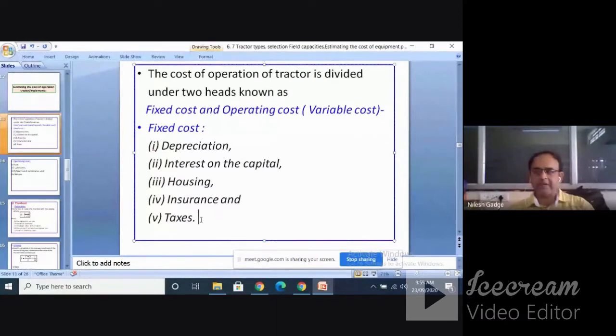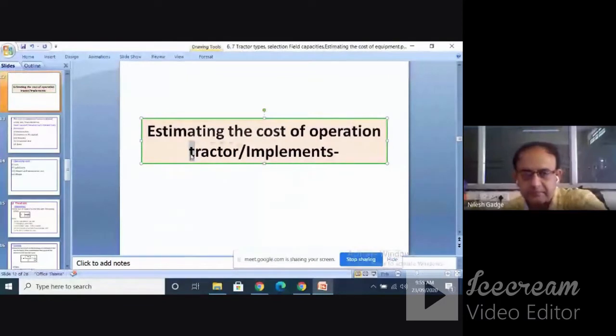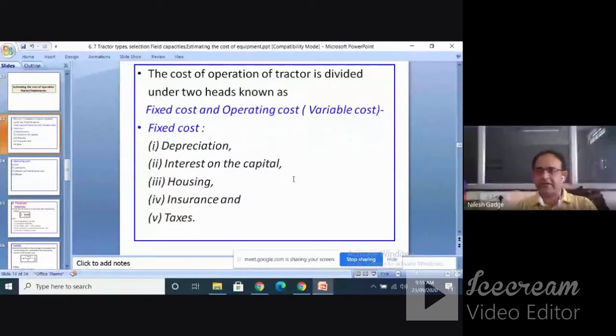Have you finished writing this? Give the heading: estimating the cost of operation of the tractor and implements. Then write down that the cost of operation of the tractor is divided under two heads known as fixed cost and the operating cost. Operating cost is also known as variable cost.